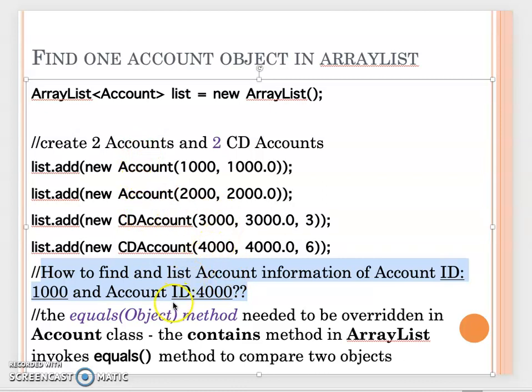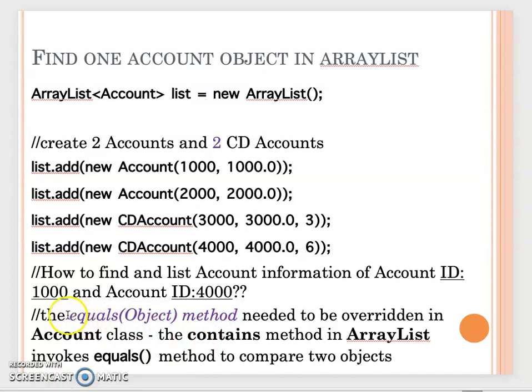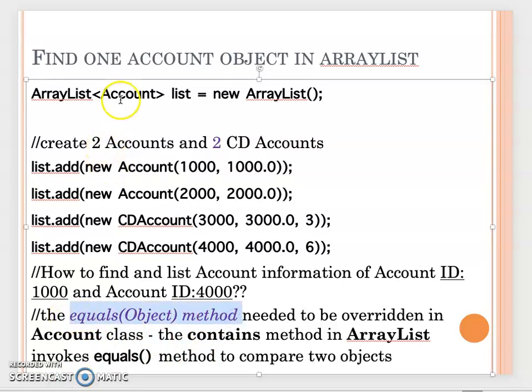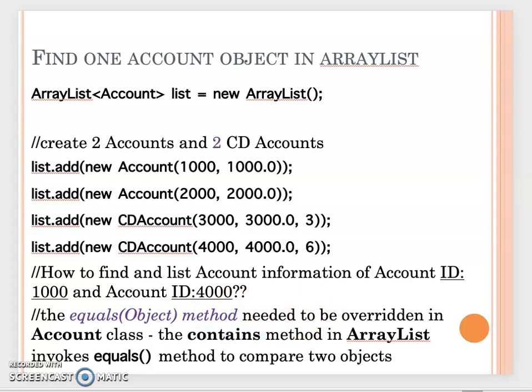You can, if you override this equals method in the Account class to use the account ID to compare the two objects. Then when the contains method is called in the ArrayList, it will use the equals method from the Account class, and then it will compare the ID number. So that's what we see here.